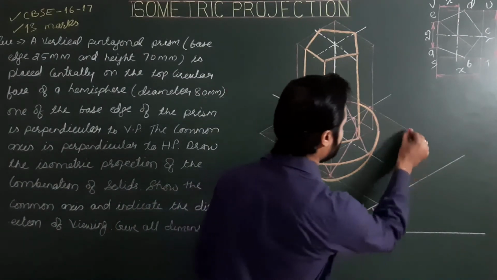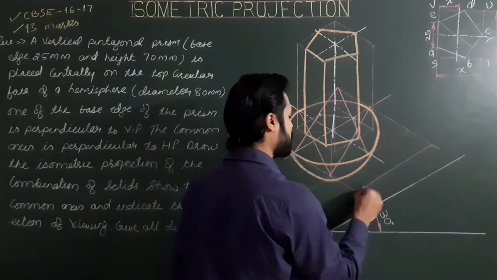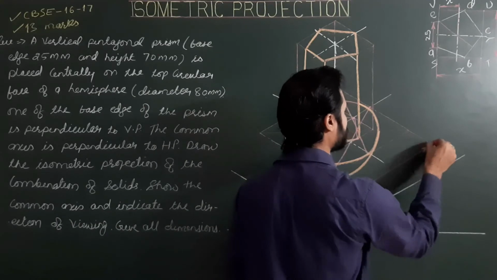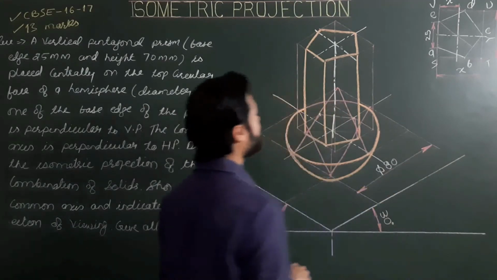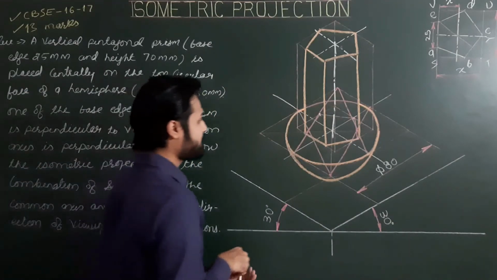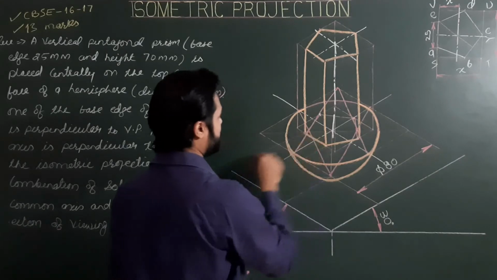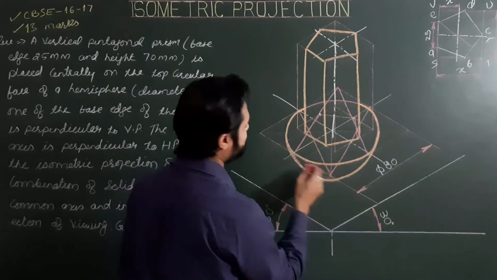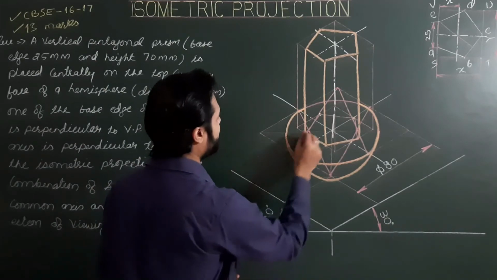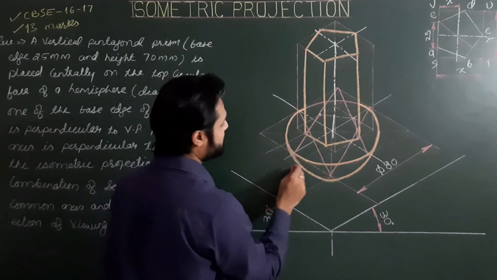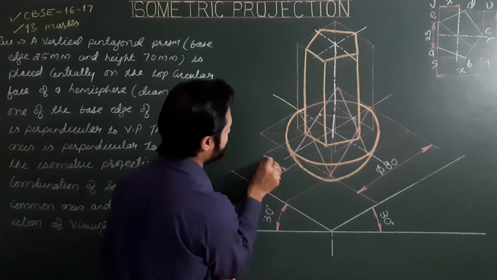Here, the diameter of the hemisphere is 80, dia 80. For the side of the prism, please draw extension lines parallel to the first isoaxis, and the dimensioning line parallel to the second isoaxis.